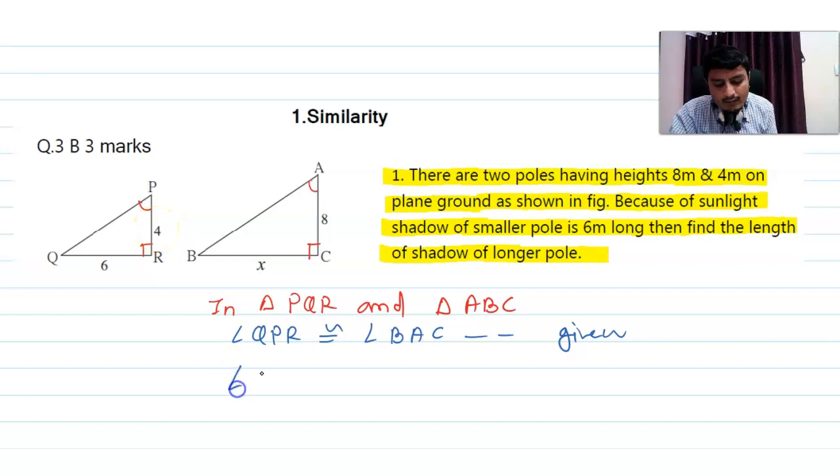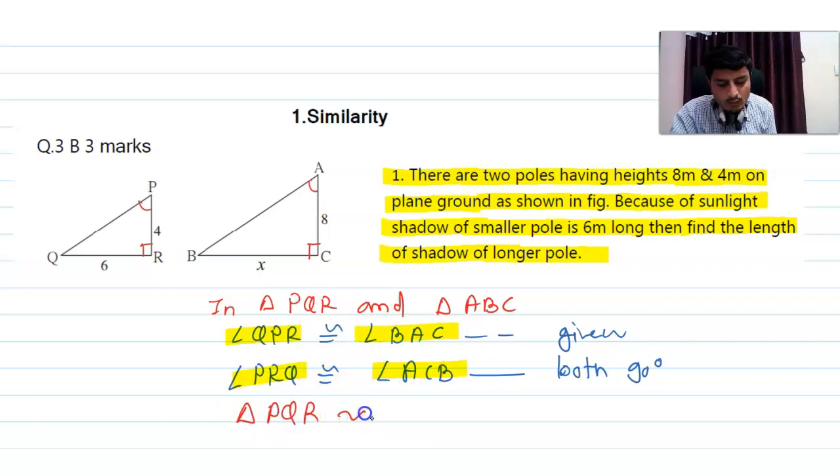Next, angle PRQ is congruent to angle ACB. Each of them is 90 degrees. So once two angles of one triangle are congruent to the corresponding two angles of the other triangle, we can say that the given triangle PQR and triangle ABC are similar by angle test.